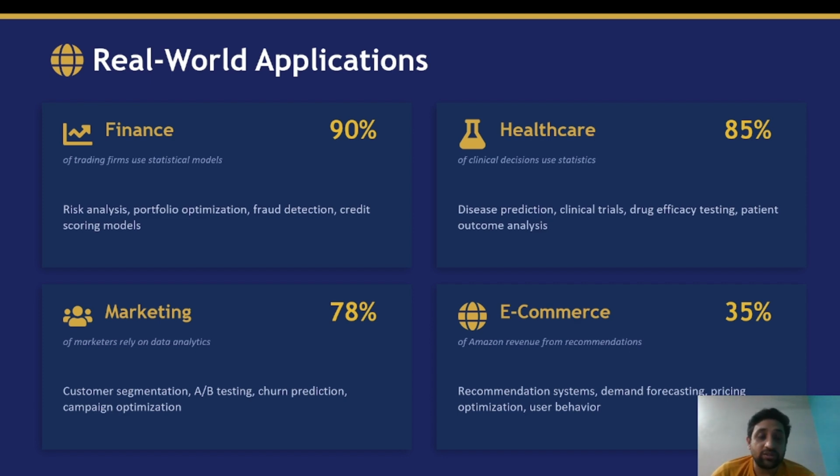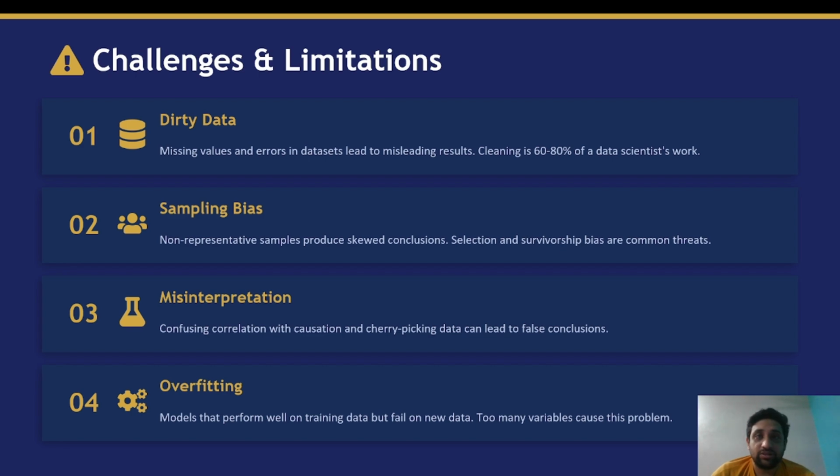Now let's move towards the challenges and limitations. Despite its power, statistics has several challenges. Dirty data, including missing values and errors, can lead to incorrect conclusions, and data cleaning often takes most of a data scientist's time. Sampling bias occurs when the sample does not represent the population properly.